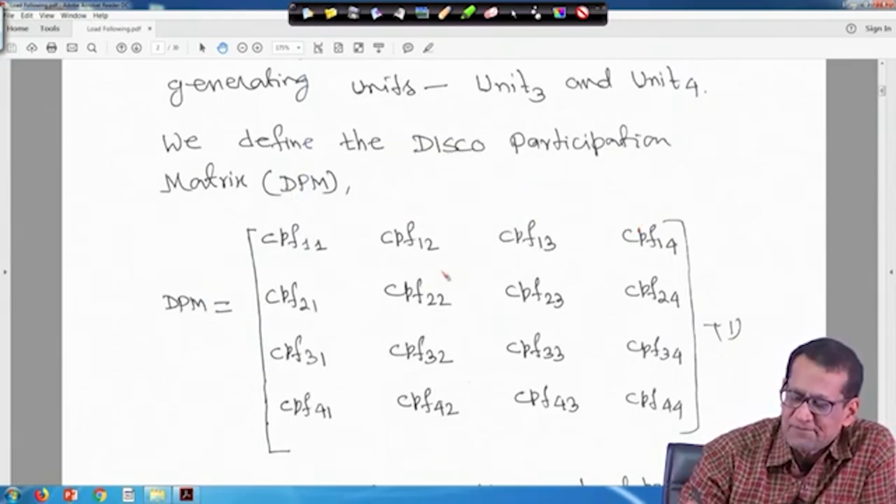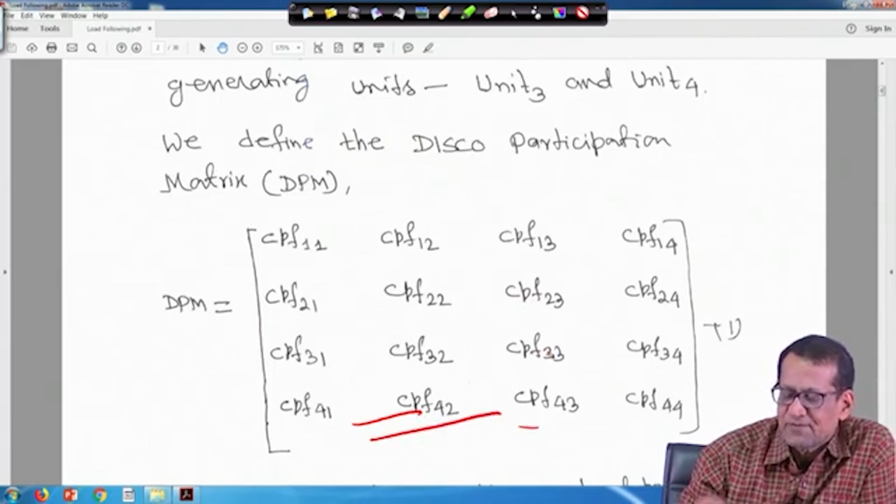The philosophy remains the same, that is the same contract participation factor matrix.